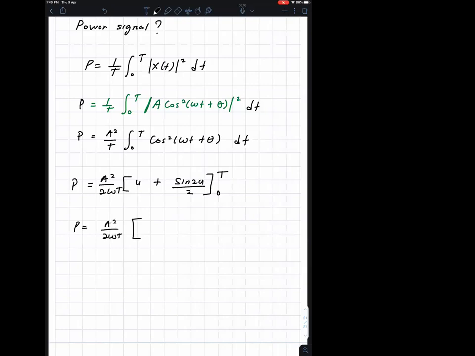Upper limit is T plus sine 2T divided by 2, minus lower limit 0, minus u0, sine 0, 0.